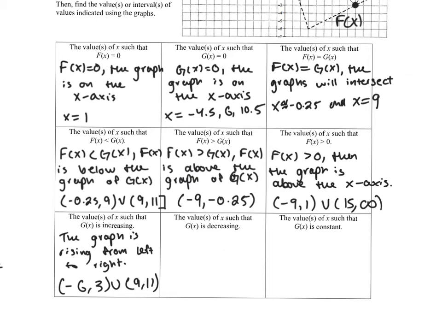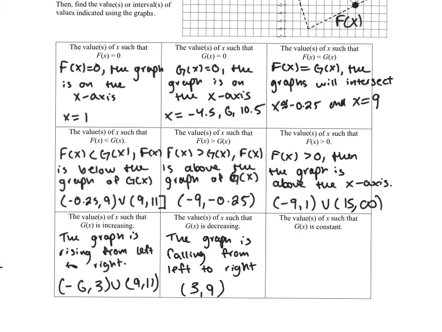When g of x is decreasing, the graph is falling from left to right, and it's over 1 interval, 3 to 9, or you could say x is bounded between 3 and 9, okay?